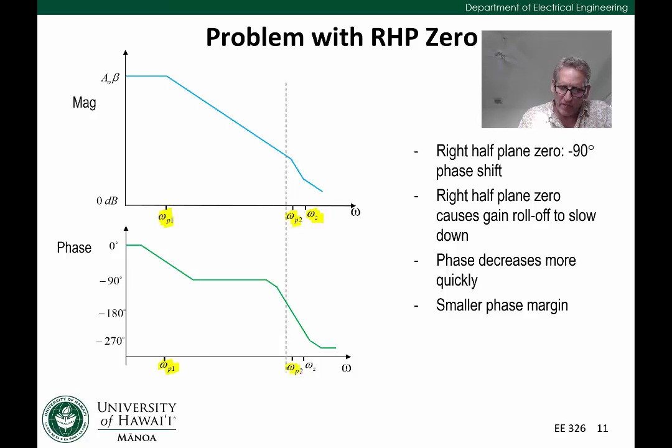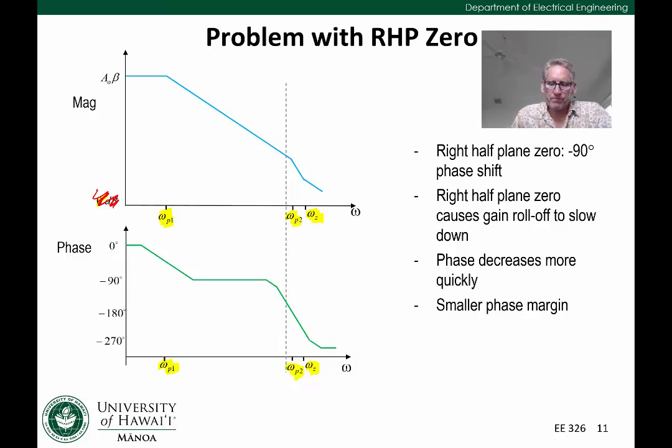I've made the assumption that omega z and omega p2 are considerably higher frequency than omega p1. Notice I didn't mean to put in the 0 dB line. I shouldn't have labeled that as 0 dB. I just want to make this more of a qualitative slide here, not necessarily quantitative for phase margin.